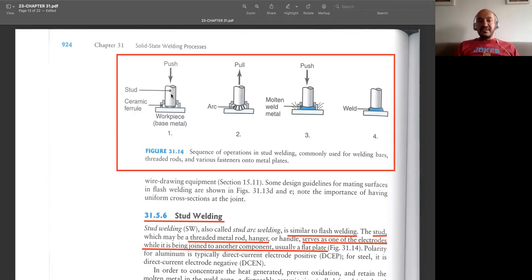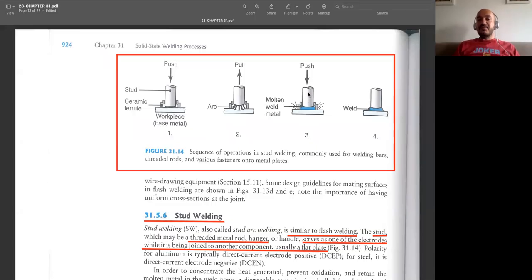transferring current from the stud to the workpiece, and then, after some milliseconds, we pull back our stud so that we will be generating arcs. If you don't have any gap, no arcs will be generated, but if you have a little gap in between, then arcs will be generated, and we will be melting this little part, and the parts will be joined together with an extra pushing action.